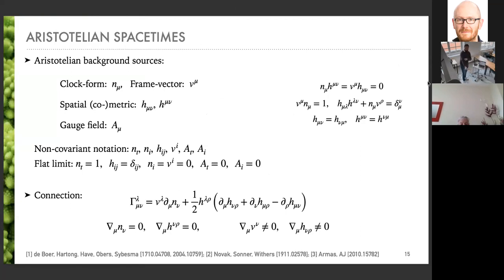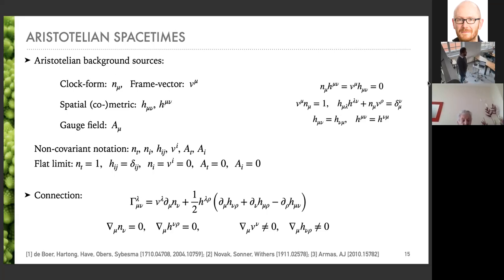Okay, so this is Aristotelian spacetimes in one slide. Non-technically speaking, these spacetimes have a version of spatial metric, for instance h_ij, which is completely fine. And then they have a version of time metric, which is equivalent to g_tt and g_ti, called n_t and n_i in this notation.